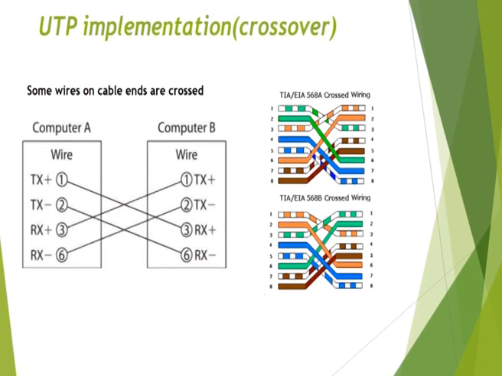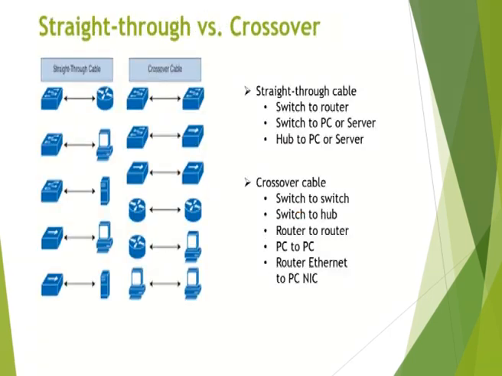If the goal is to create a straight-through cable, you would use the same wiring standard on each end, for example 568B. But if we want to create a crossover cable, you would configure one end of the cable using the 568A wiring scheme, while the other end is set up using the 568B wiring scheme. Let us see straight-through and crossover cable.